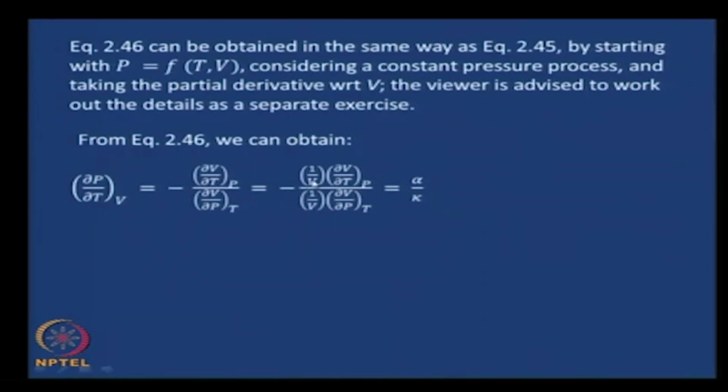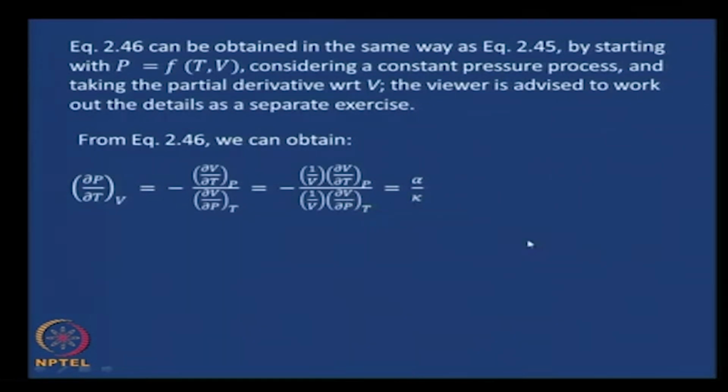This, if you divide above and below by V, you have minus (1/V)(∂V/∂T) at constant P divided by (1/V)(∂V/∂P) at constant T. You can recognize by now that this is nothing but the definition of the expansivity alpha, and this is nothing but the isothermal compressibility kappa, the variation of volume with pressure when the temperature remains constant.